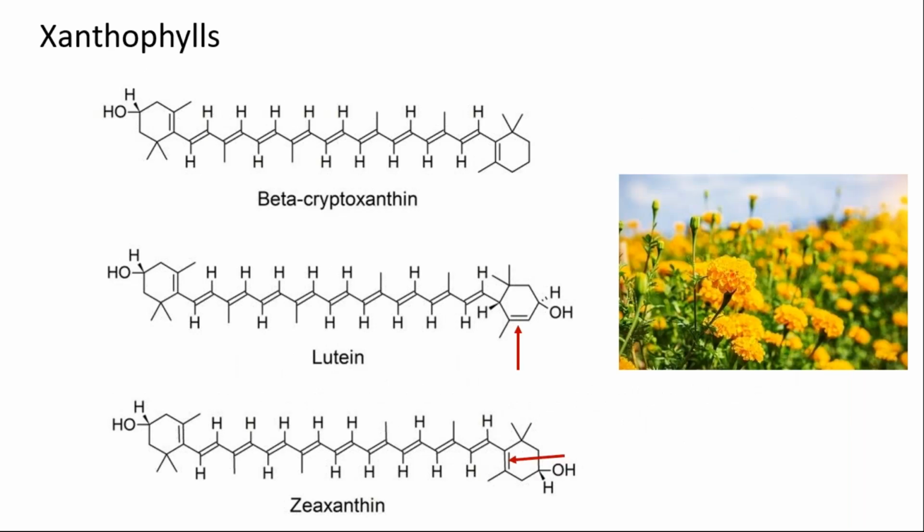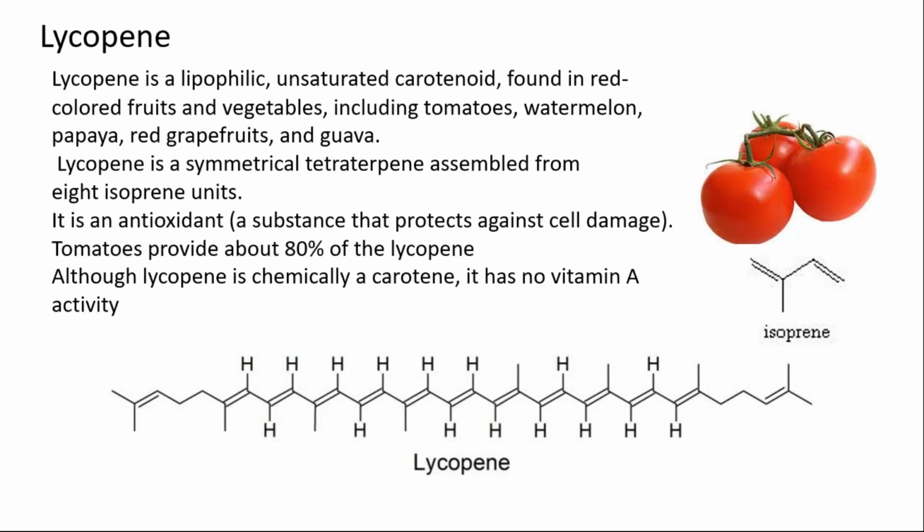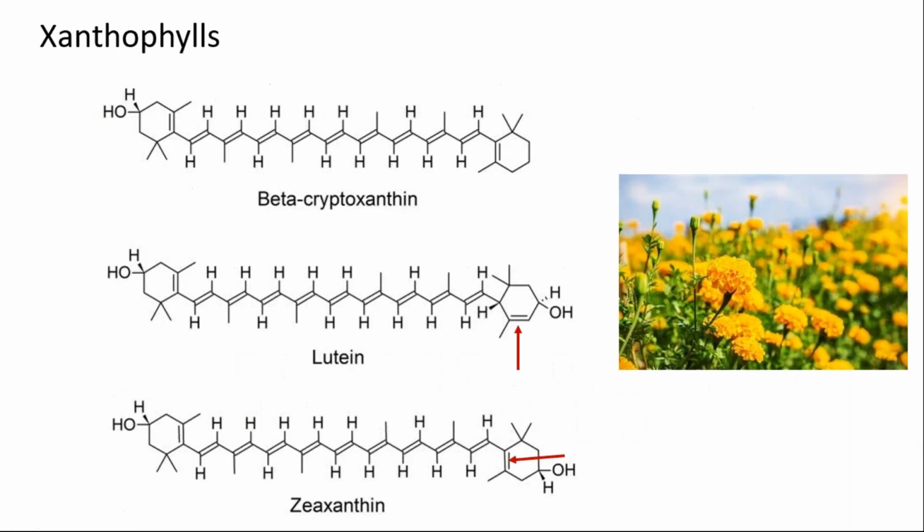Now coming to the xanthophylls, which are carotenoids that contain oxygen. We looked at beta carotene, apocarotenol, and lycopene, which did not have oxygen. Now we look at carotenoids which have oxygen in them: beta-cryptoxanthin, lutein, and zeaxanthin.